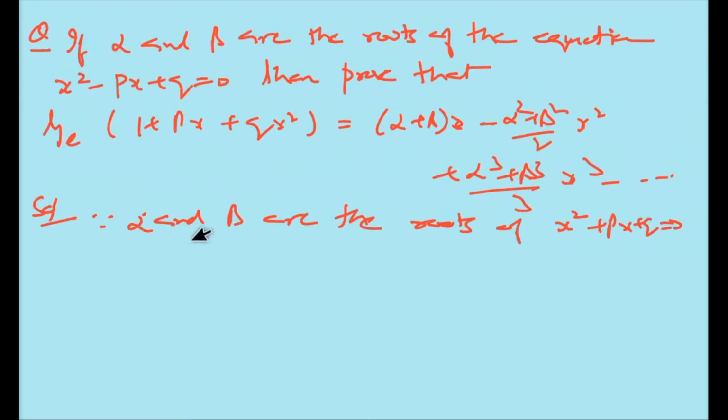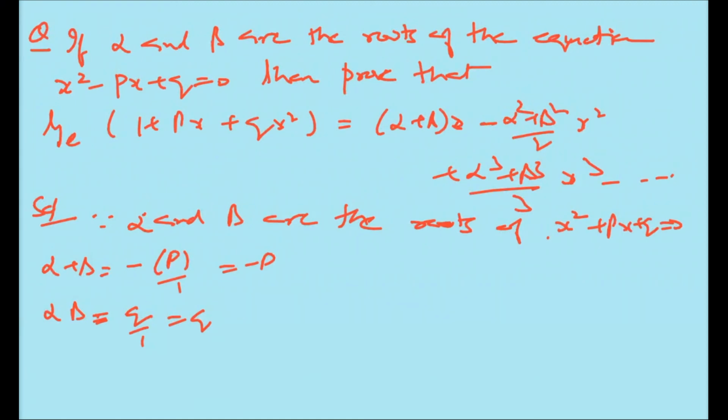Okay, I have already explained. So you can write here sum of the roots is minus b upon a, value of b is 1, a is 1, that is minus b, and product of the roots is c upon a, q upon 1. So we can write it q upon 1, it is equal to q. Okay.